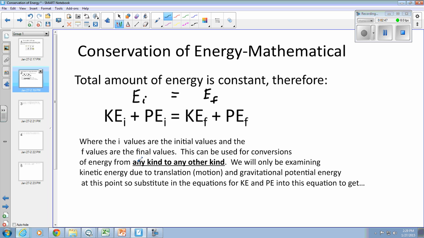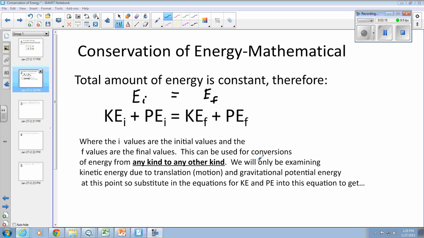So they should be equal. Pretty straightforward. Now, keep in mind that this is dealing specifically with situations where there aren't any energy losses. We're going to get into that a little later, but first let's just practice balancing initial and final energy.